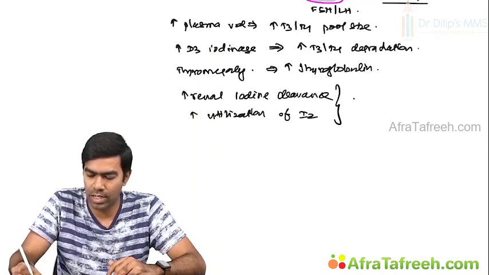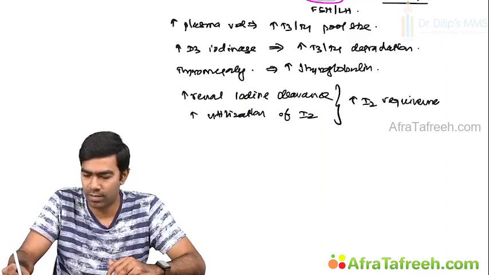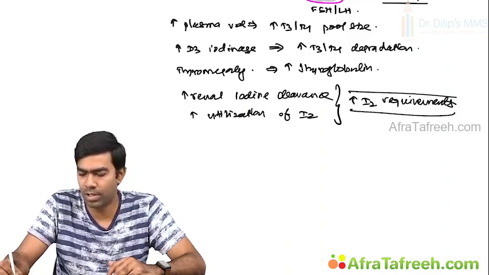So both of these will increase the iodine requirements during pregnancy and lactation, where the requirement typically will be 200 microgram per day against a normal requirement of 150 microgram per day in a standard adult. Clear? So these are the changes in the thyroid that are induced by pregnancy, and many of these are questions in the exams as well.